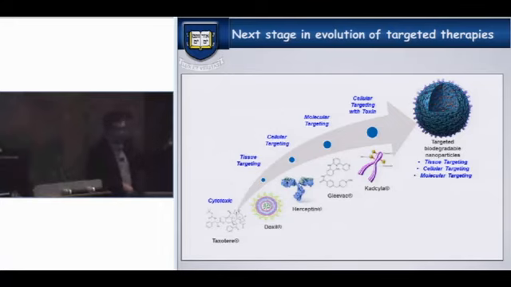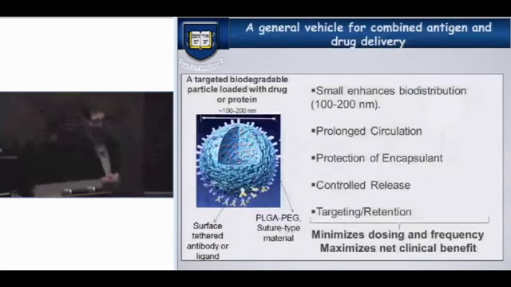And this is just a simplified way of looking at that evolution. These particles are being made by Bind Biosciences. For example, I think they're in a phase 2 clinical trial. By the way, I should declare that I have no interest with them. I'm not part of Bind.